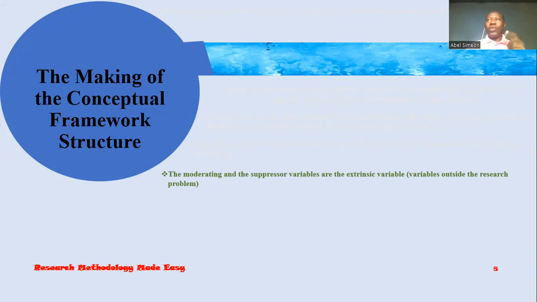Such a variable is called the suppressor variable. Look for it, and then you put it on the right-hand side, as I showed you how the conceptual framework looks. And in every work that you have a moderating variable, there should be a suppressor variable. The reason is just simple. You can't have do's and not have don'ts.